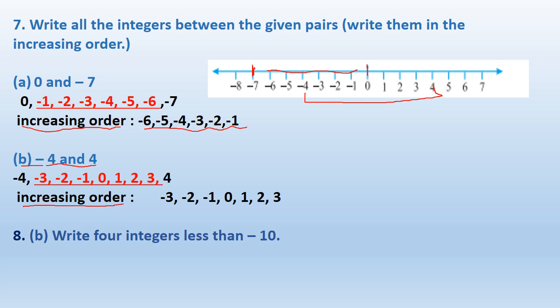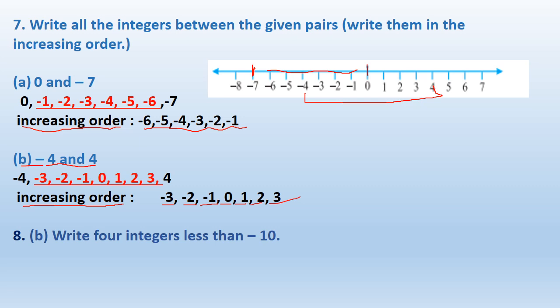First of all, the bigger number in between this is 3. Okay, 3 is the bigger number. So here the answer is minus 3 is the smaller, then minus 2, then minus 1, 0, 1, 2, 3.